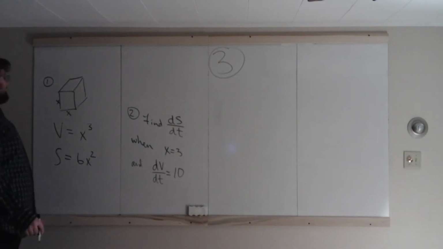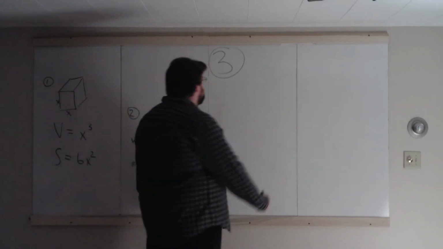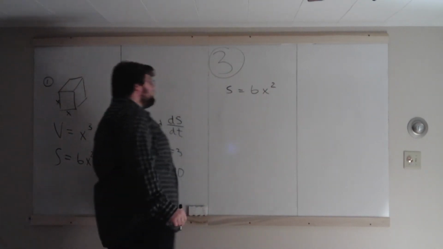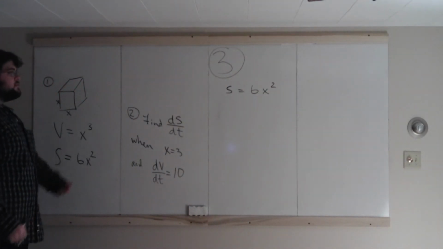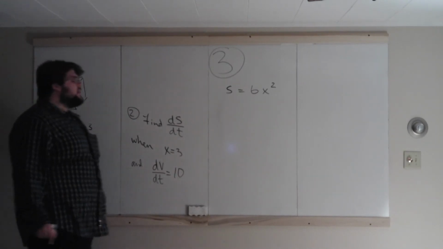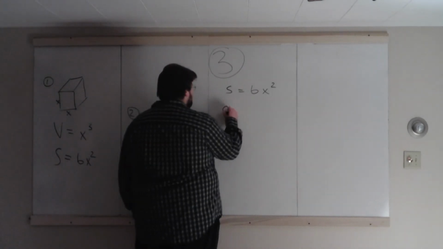Find dS/dt. Well, we have S equals 6x squared. Well, differentiate with respect to time. Surface area, volume, and side length are changing as time is changing.